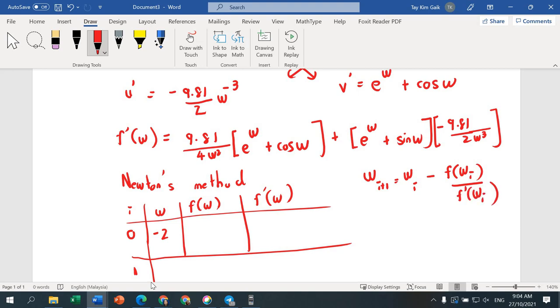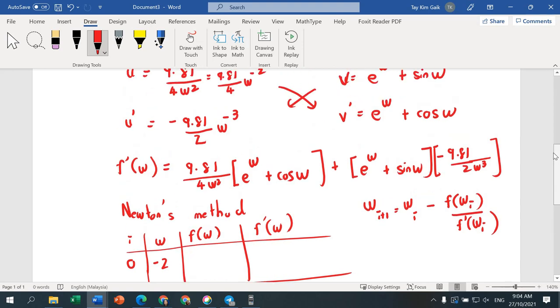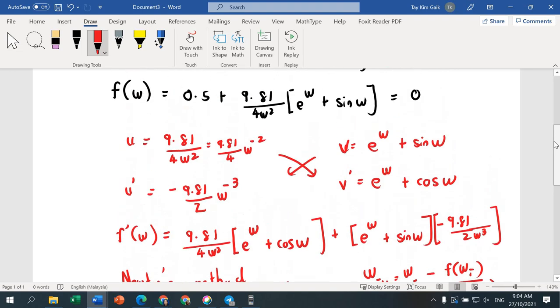This is the Newton's method formula. So you can calculate it using the calculator, or you can use Excel to calculate it.